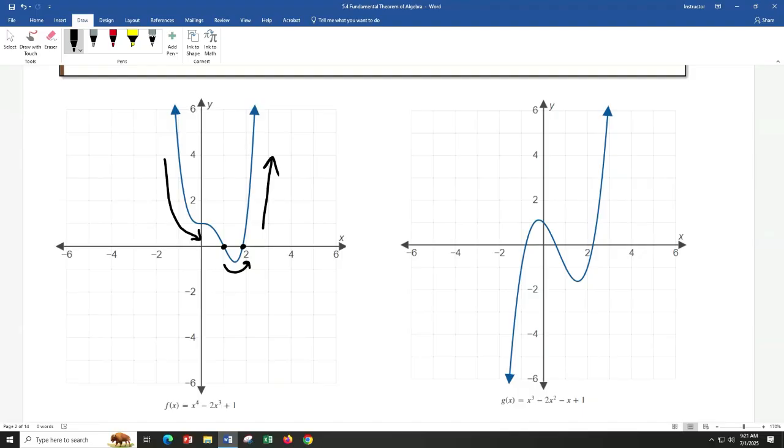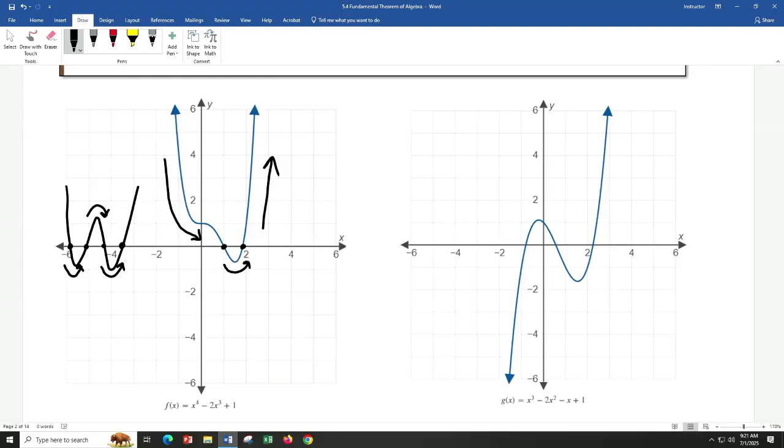Let me show you why real quick. Well, look at this right here. If I showed you a 4th degree, let's just say it looked like this. 1, 2, 3, 4. Well, how many zeros do I have? 1, 2, 3, 4. How many turning points do I have? Do I want to have 1 here? Do I have 1 here? Do I want to have 1 here?